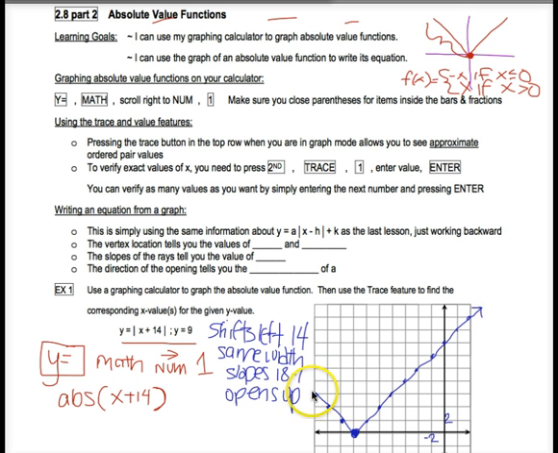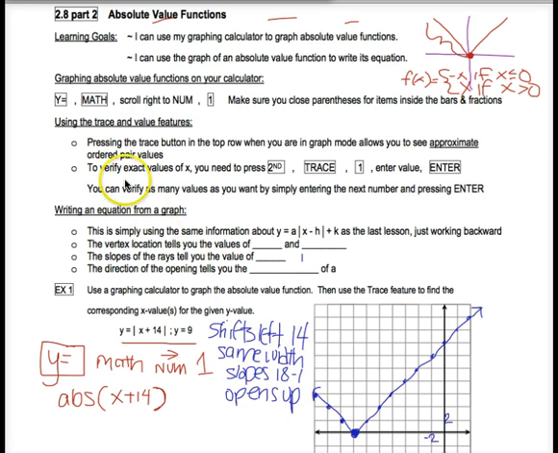Now, if you want to adjust your window on your graphing calculator to make sure that you can fit all that, you may have to guess and check a little bit. Now, yours may not be the same as mine as far as the window, but the key is that on this sketch here, we can't see the entire left half of that V shape. So that's what we want to focus on, being able to see more of it, because what it is asking us to do here is to find the x value when y is 9.